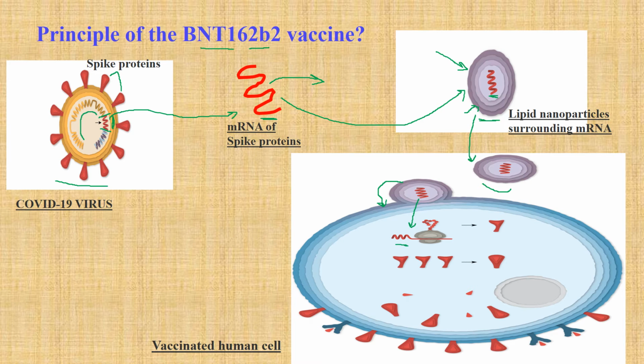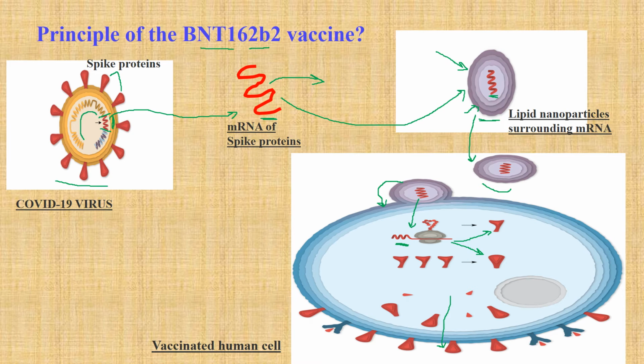Now, inside our cells, this messenger RNA will be translated into the spike proteins. These spike proteins are immediately transported to the surfaces of our cells.